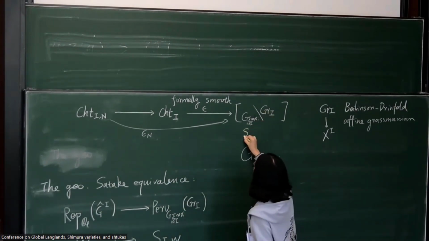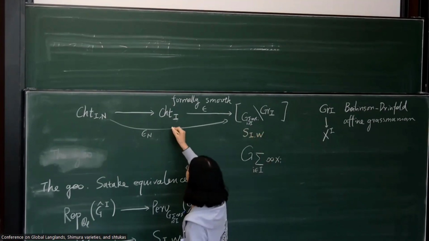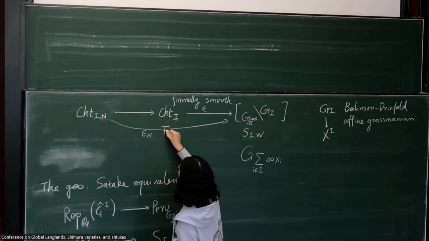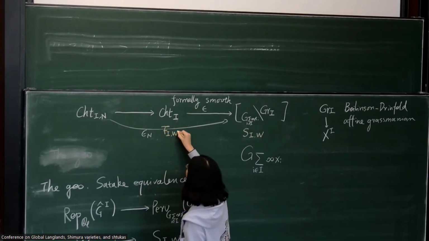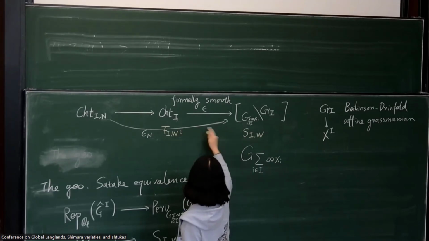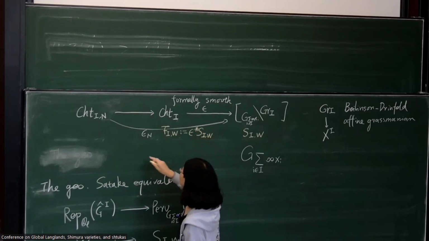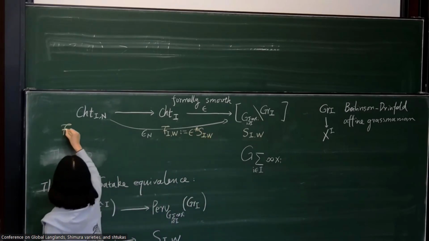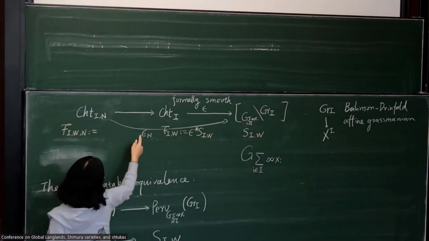On this, we have the S_{I,W}. We define a sheaf on shtukas without level. We call it F_{I,W}, which is just an inverse image of this sheaf. And we define a sheaf on this, just an inverse image by this map.